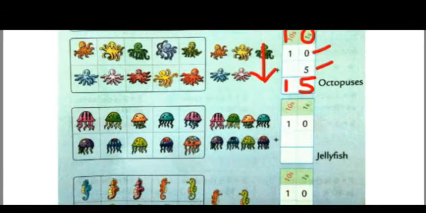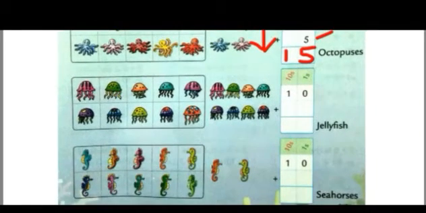Okay. Now moving on to the next one. Here we need to count the number of jellyfish. Okay. So first we will count the number of jellyfish in the box. 1, 2, 3, 4, 5, 6, 7, 8, 9, 10. 10 are there. So it is already written in the box. Now we need to count the number of jellyfish that are outside the box.